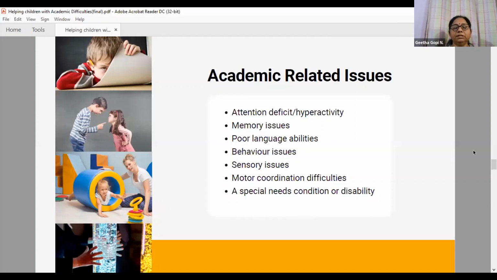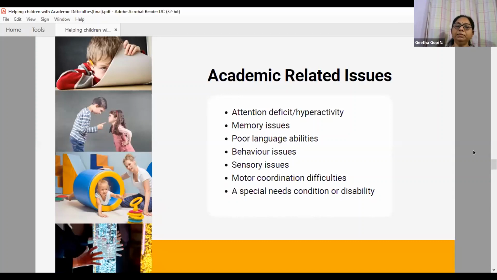They're very impulsive, so they may have self-control or self-restraint issues. They may quickly react in a particular situation, and all these kinds of behaviors in a classroom can create problems. They may get into fights with other children. Social skills, social interaction with other children or peer group may be affected.